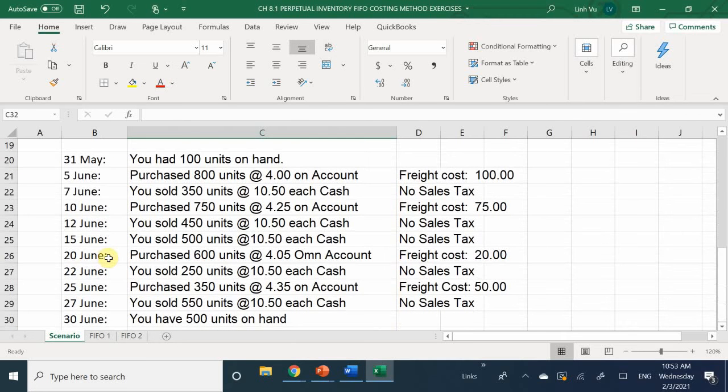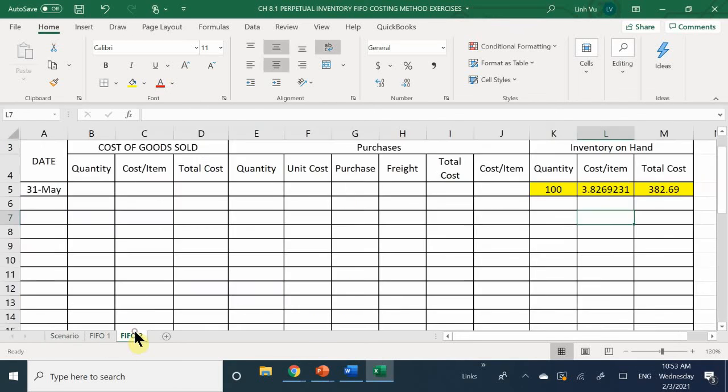So then on June 5th, you purchase an additional 800 units at $4 each with a freight cost of $100. So FIFO number 2, this is June 5th. I made a purchase of 800 items at $4 with a freight of $100.